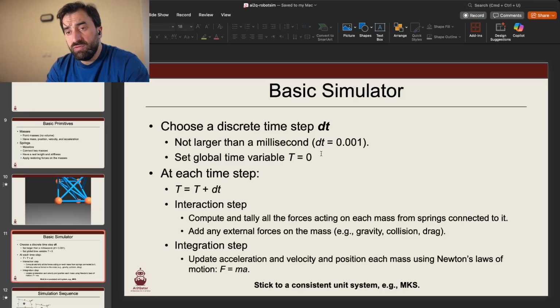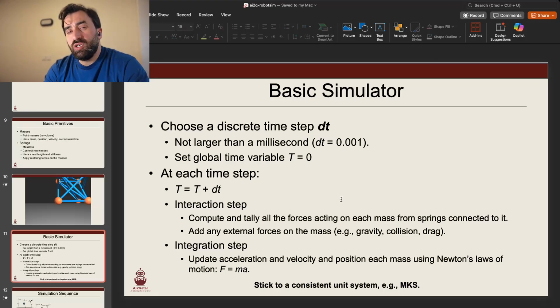In every simulator, you need to consider a time step. We call it dt. It shouldn't be larger than a millisecond, and you also need to set a global time variable that starts at 0. At each time step, you add dt to the global time variable, which is T, the big T. You also have an interaction step.